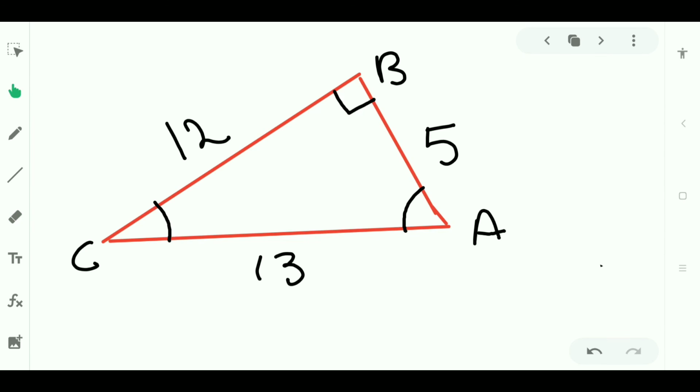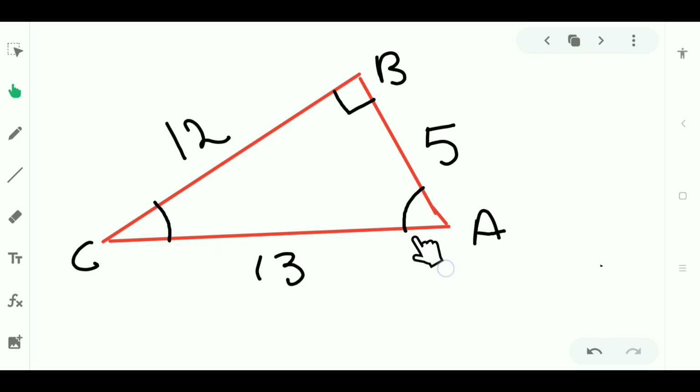Okay, and next we are having cosecant C. Cosecant of C. What is cosecant? It is actually the result of reversing sine. Sine is opposite by hypotenuse. So cosecant will be hypotenuse by opposite.